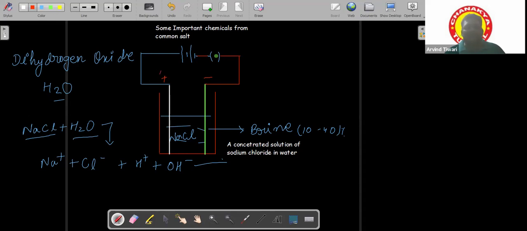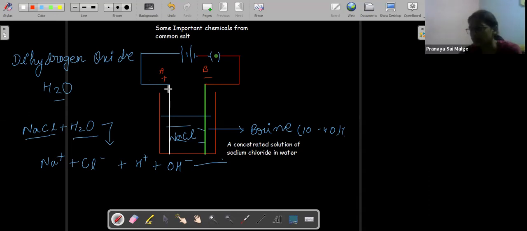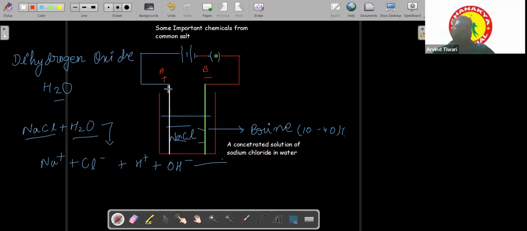Let's say this is our electrode A and this is electrode B. Now see what reaction is going to happen inside the solution. Inside the solution, which are the positive ions? Na plus and H plus. Which ones are the positive ions?